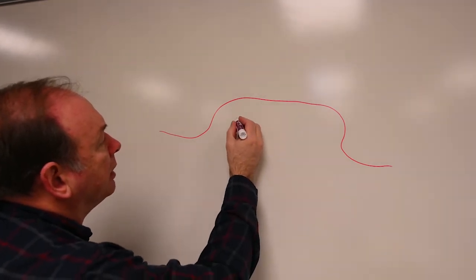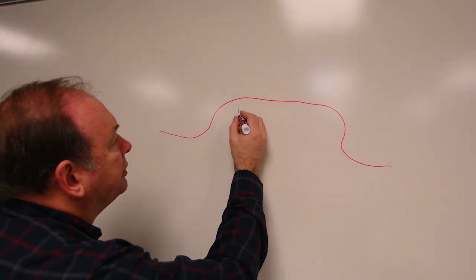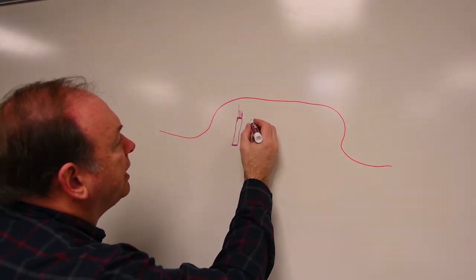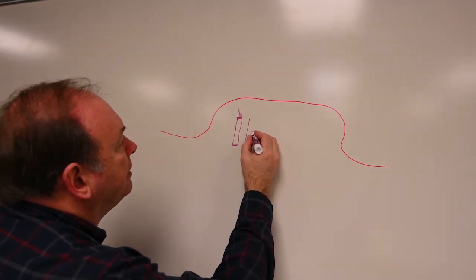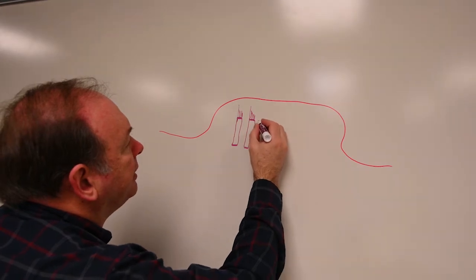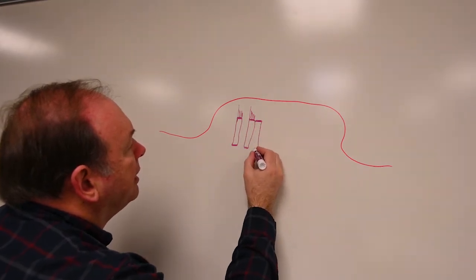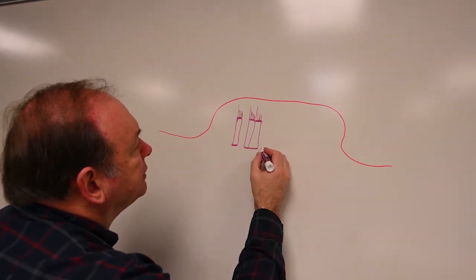In the macule organ, there are, again, hair cells, and the hair cells have a kinocilium and then some stereocilia. So there's one hair cell, here's another hair cell. They're columnar cells, and then they have the kinocilium and stereocilia attached to their apical surface.